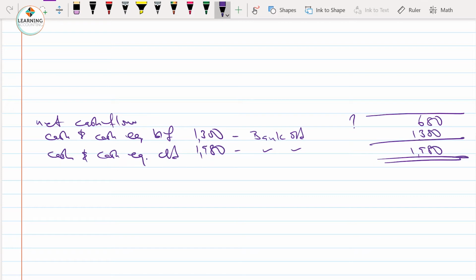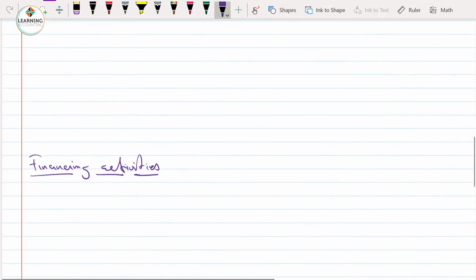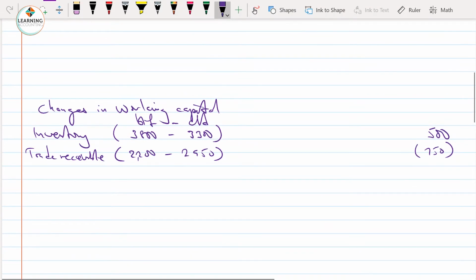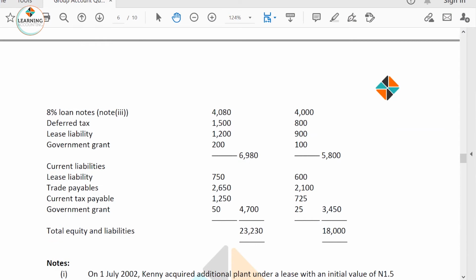We've gotten that information, but since we are still in the current liability section, then we have to round up the information in our changes in working capital section. So we have trade payables. Now for the trade payable, what do we have there?